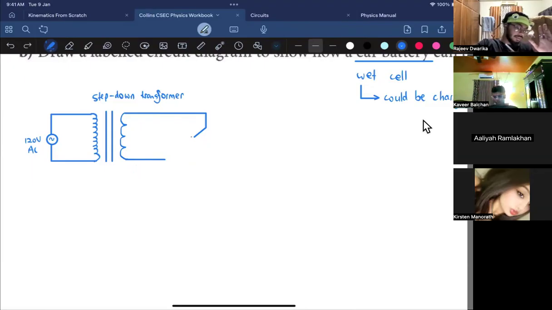And we need to put it in a bridge rectifier. What is the purpose of the bridge rectifier? Do you recall? Alia, tell me if you remember, what is the purpose of the bridge rectifier? Bridge rectifier just converts what?